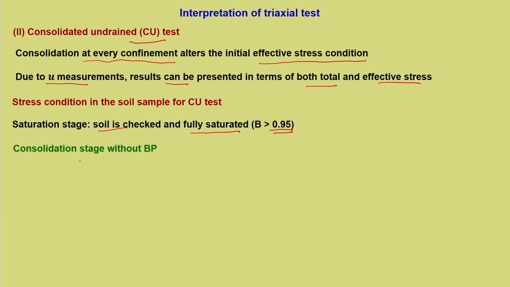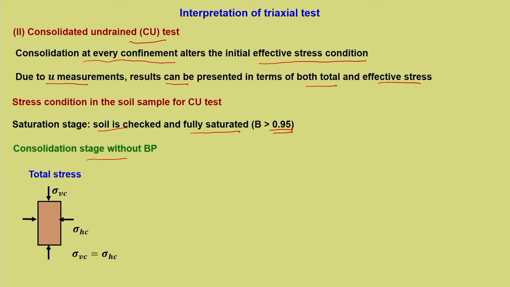So first let us see the consolidation stage without back pressure. Okay, so this is the confinement application. This particular sample is denoted in general by sigma Vc, that is the vertical stress for confinement. C denotes confinement, and sigma Hc is the horizontal stress for confinement. Now there can be isotropic or anisotropic consolidation.